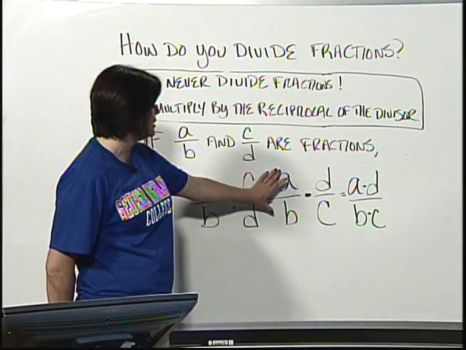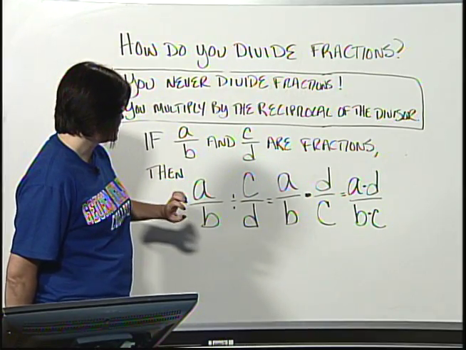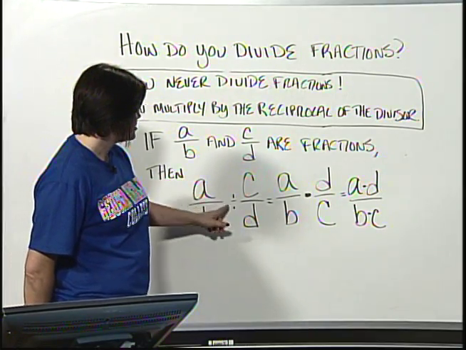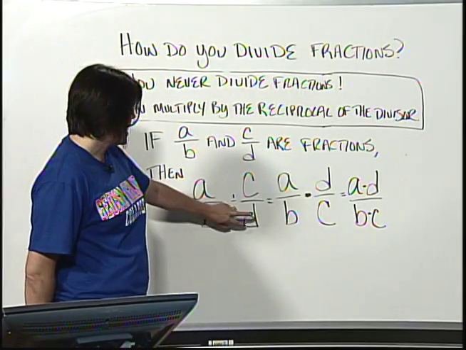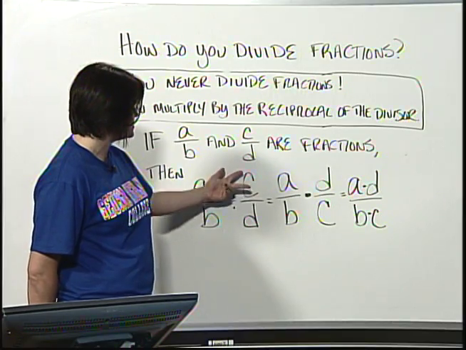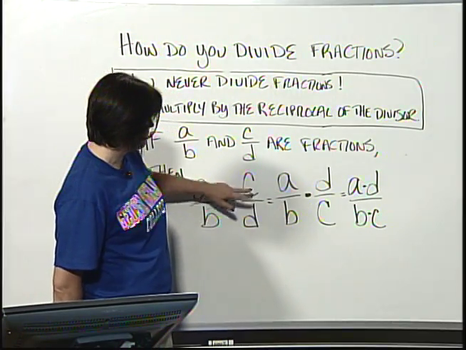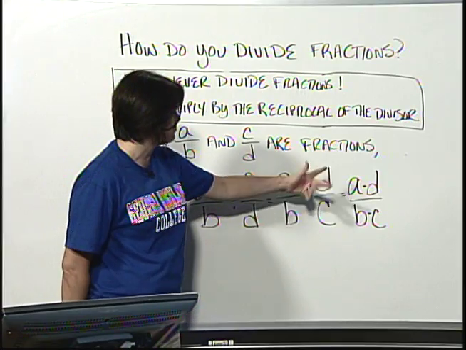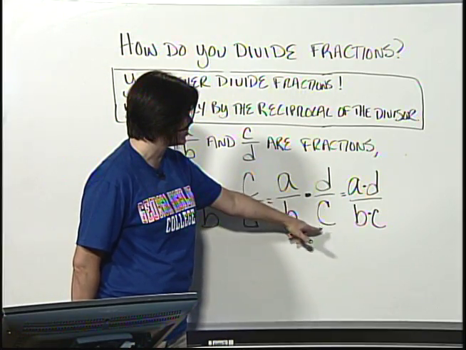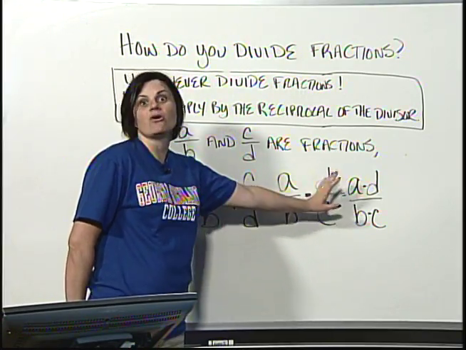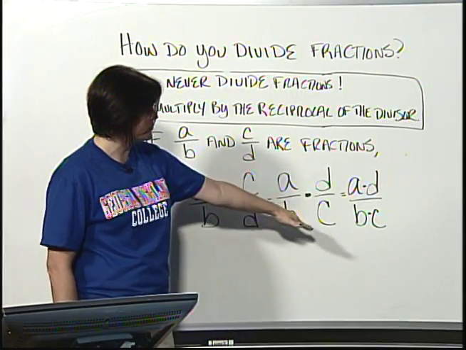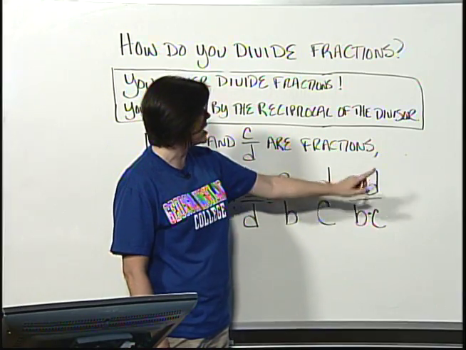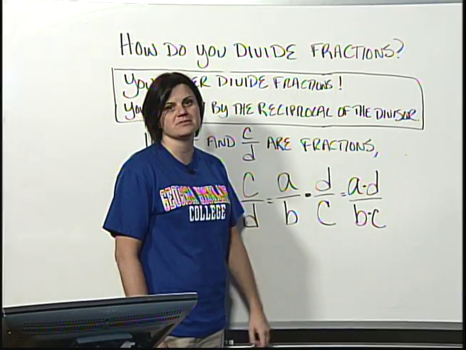We would leave our dividend, a over b, we change the division to multiplication, and we're multiplying by the reciprocal of the divisor, so we flip that divisor and multiply by d over c. Then we just follow our rules for multiplication, which is multiplying the numerators, multiplying the denominators to get a times d over b times c.